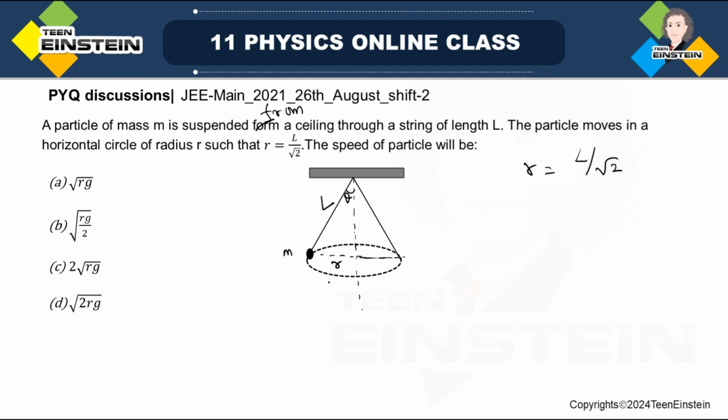So this is r, small r, this is L. Now look one thing here, if I draw the free body diagram, what are the forces acting on this particle at this particular position.